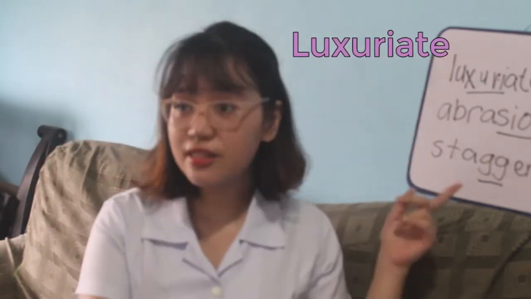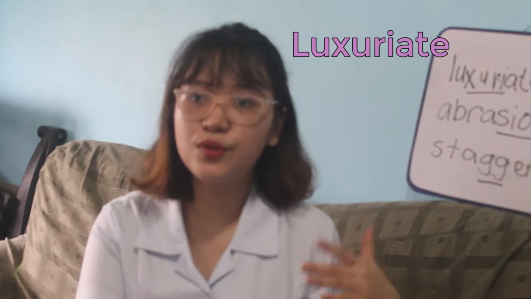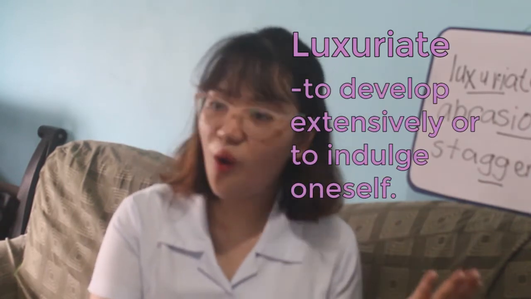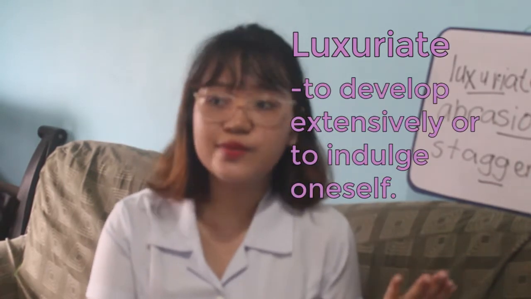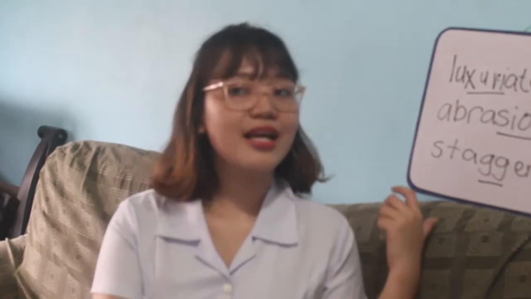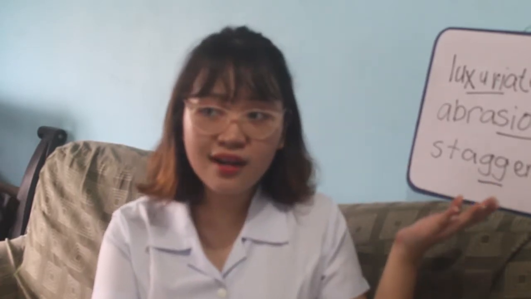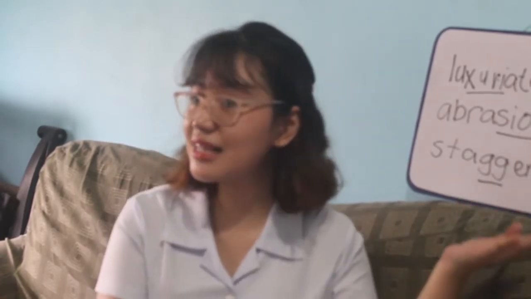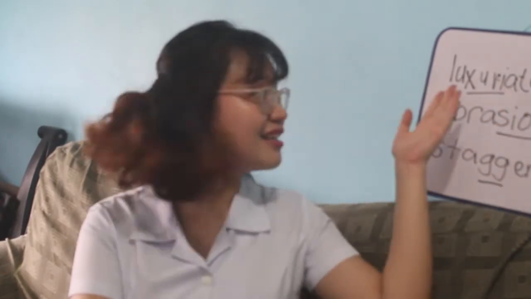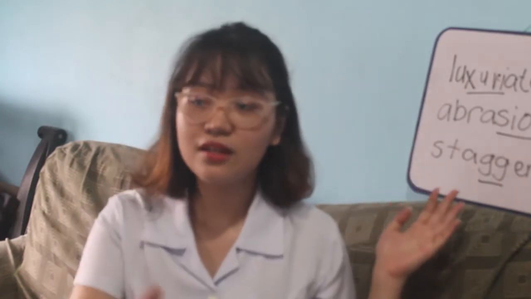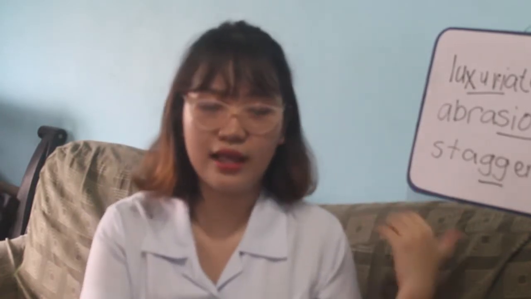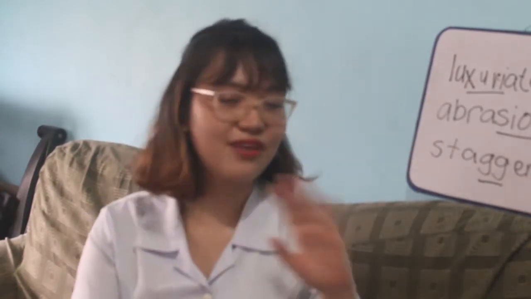Luxuriate. Luxuriate means to grow extensively or indulge in something luxurious. Can you give me an example, Gian? No, ma'am. It's fine, don't worry. I'll give an example for this.